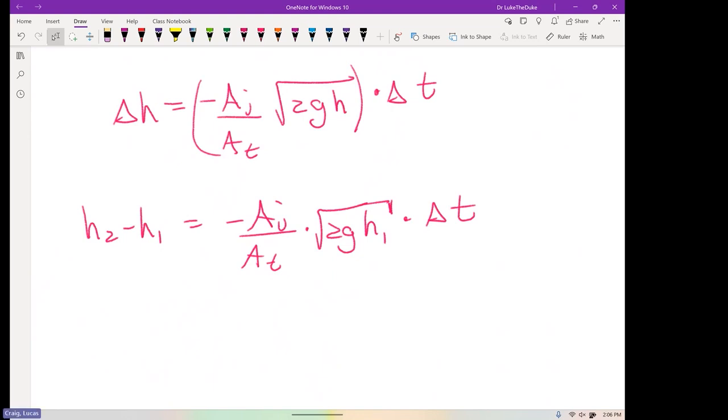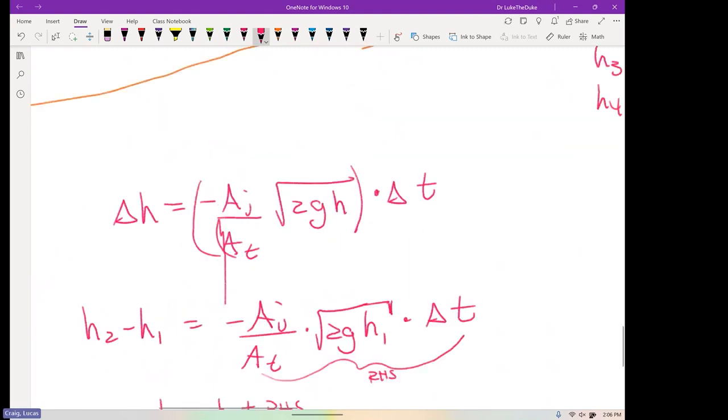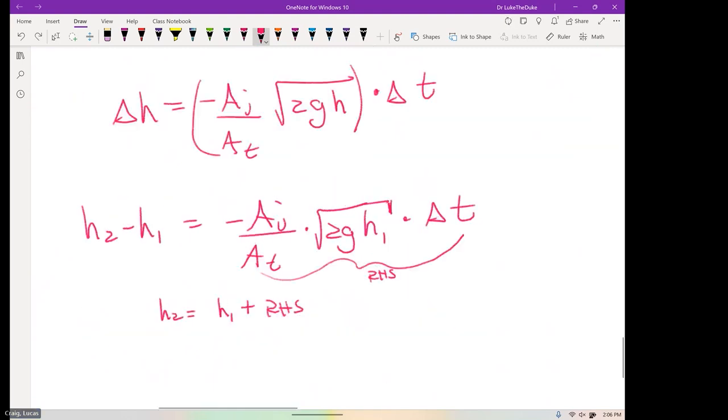In order to find H2, you add the initial value, H1, plus that side, which we'll call the right-hand side. I think all of this is times delta T.